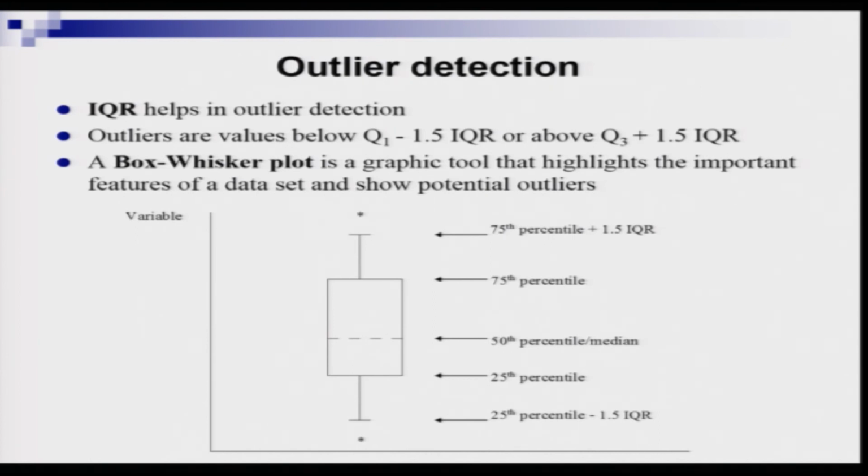So, if there are some observations in the data set which are not in this range, marked by the Q1 minus 1.5 times IQR and Q3 plus 1.5 times IQR formula, then they are declared as suspected or potential outliers, and many softwares use asterisks to demarcate this kind of observations. So, here I am showing you two asterisks. These two are the potential outliers as they lie way far from the center of the data.